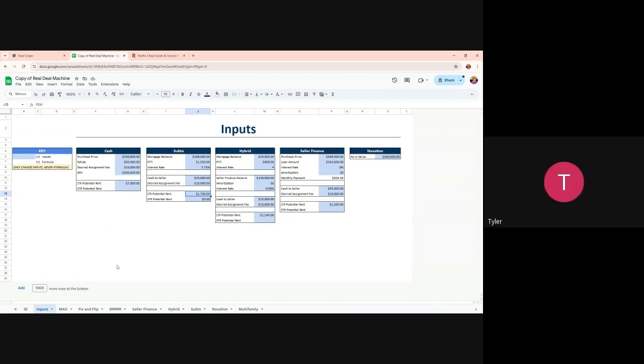That's true. I mean, I don't know. Are you able to run that on Rentometer? Because that's pretty accurate. Yeah, sure. You have to DM me the address. Oh, okay. Yeah. Let's do that.